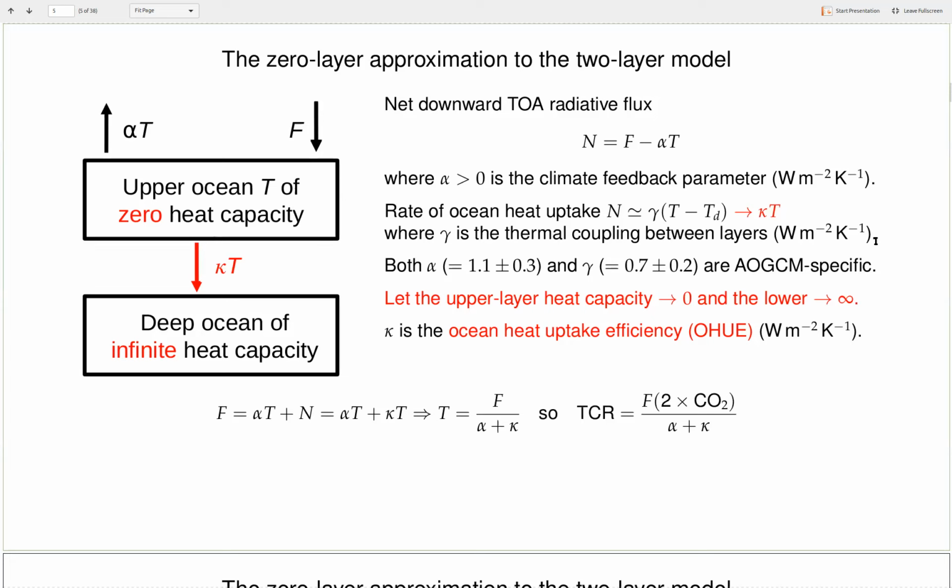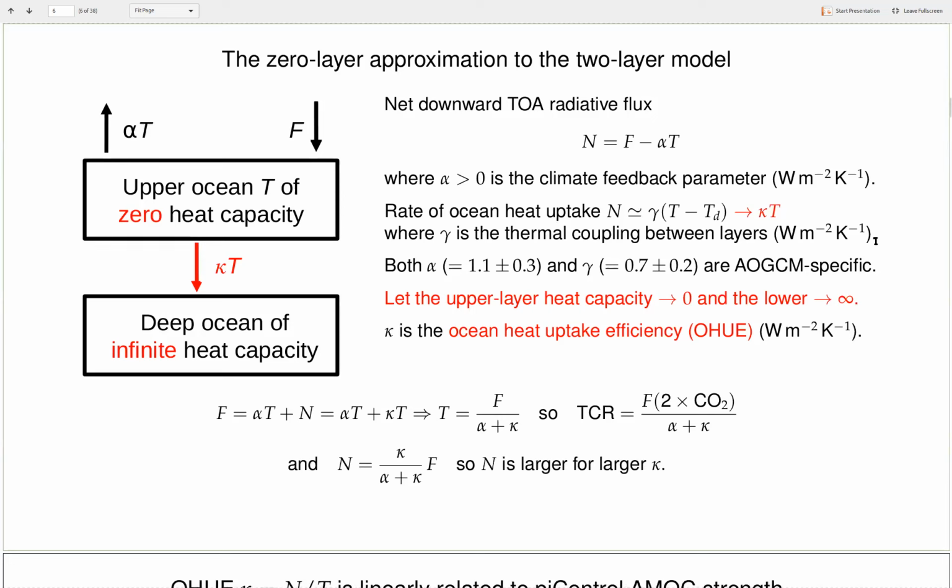And that gives us this really simple representation of the global ocean heat uptake balance, where F is instantaneously balanced by some heat which is being lost to space, alpha T, and some into the deep ocean, kappa T, where T is the surface temperature of the upper ocean, that is the global mean surface temperature change from equilibrium. So then that T is, at any given time, F divided by (alpha plus kappa). So that gives us a simple formula for the TCR, for example. That is the forcing at the time of doubled CO2 divided by (alpha plus kappa).